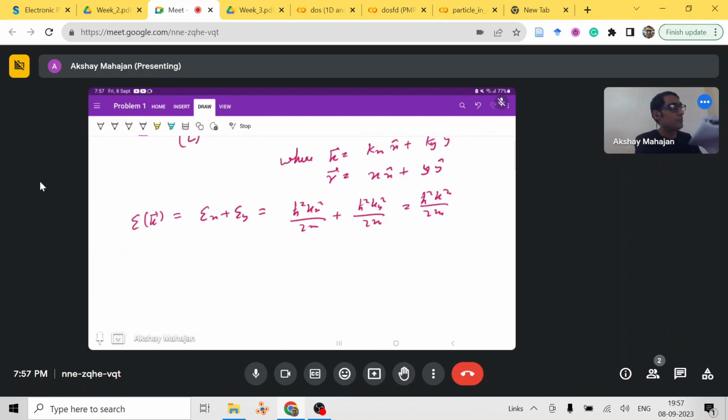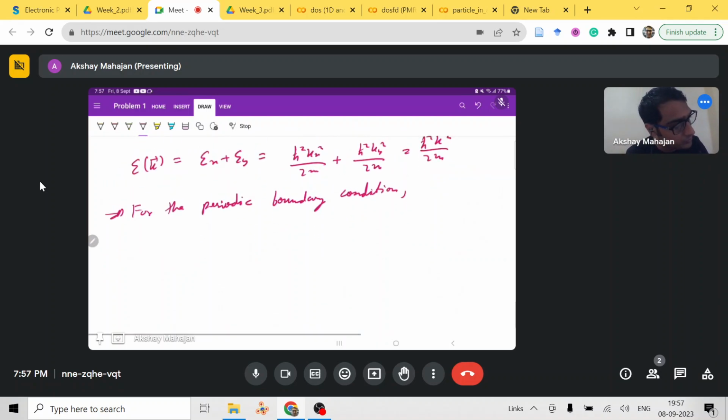Alright, now we will do the same thing as we have done for the 3-dimensional case. Now for the periodic boundary condition, we will have psi of x plus L comma y equals psi of x comma y.